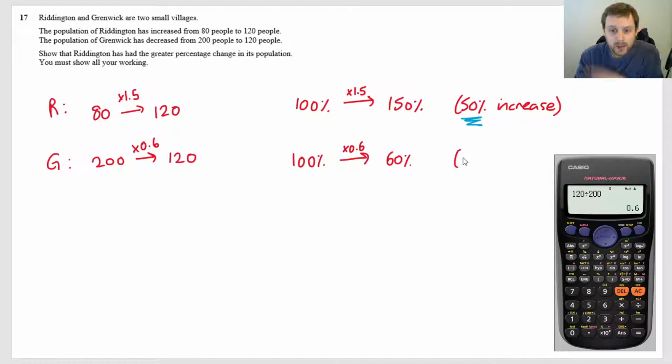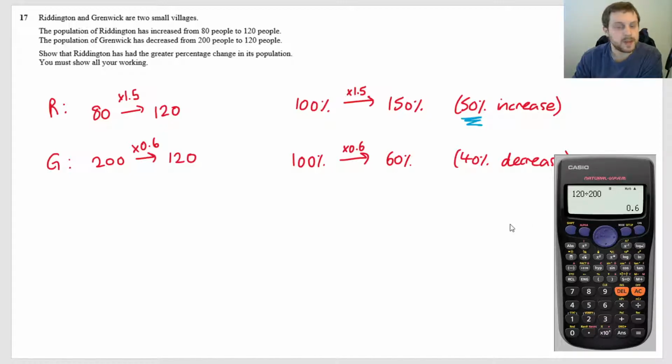And this is where you have to be super careful, okay? Because this is not a 60% decrease, it is a 40% decrease, because we started with 100% and now we're left with 60%. So in the language of percentage increase and decrease, we would say that that is a 40% decrease.